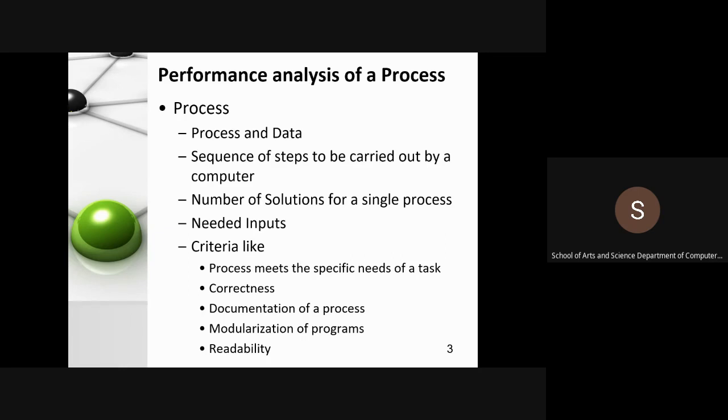Suppose your program is giving a result other than the expected, in the sense the entire process is wasted. You should not consider that entire process. So once again, you have to replan it. You have to start from scratch. So you have to consider the correctness of the planned process as the next criteria.